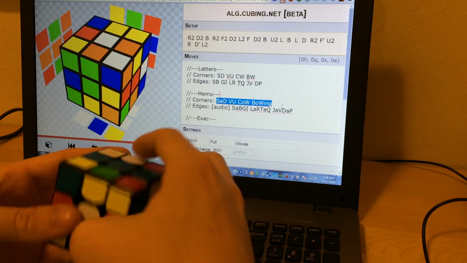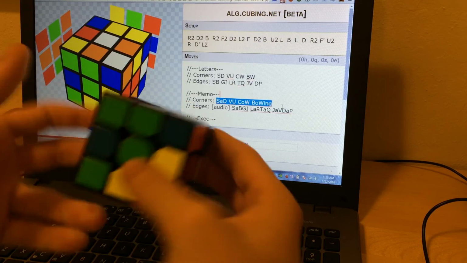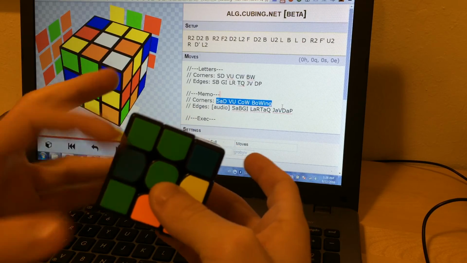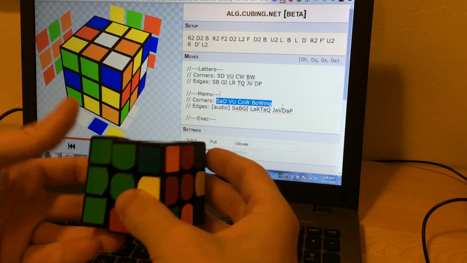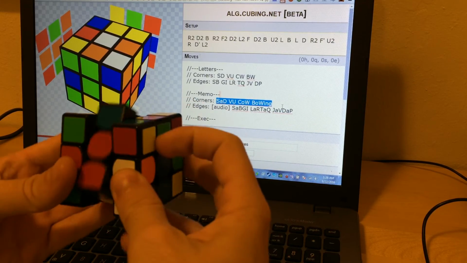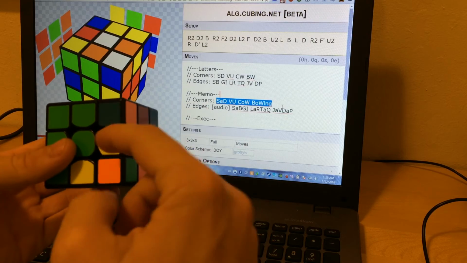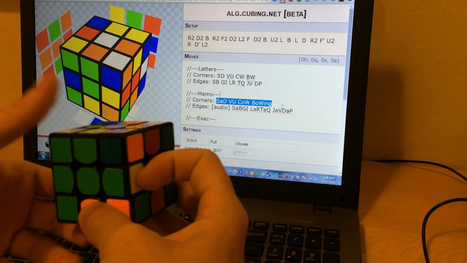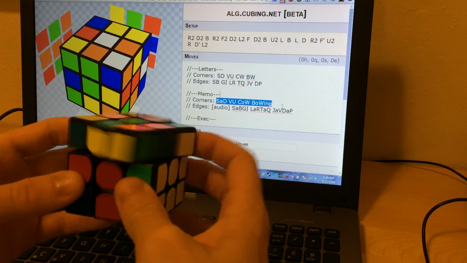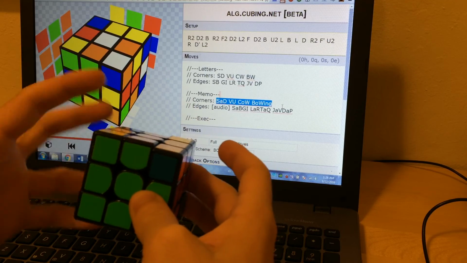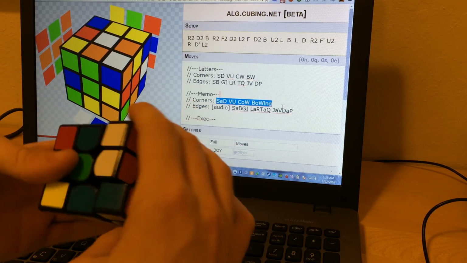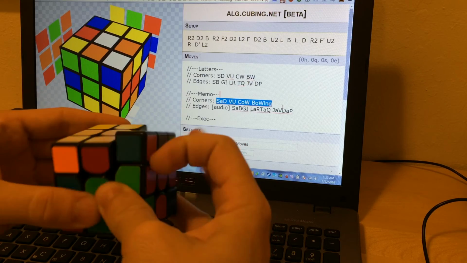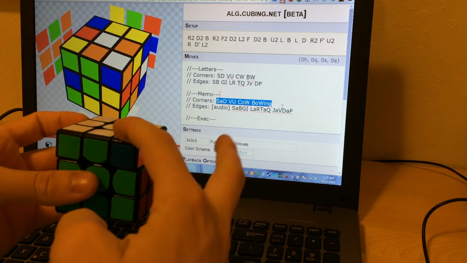So again, SAB, GI, LR, TQ, JV, DP, SAB, VU, cow.